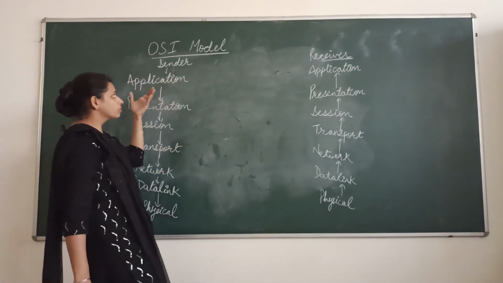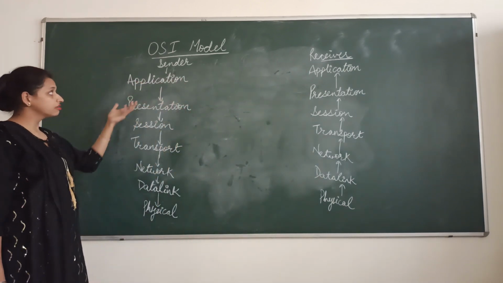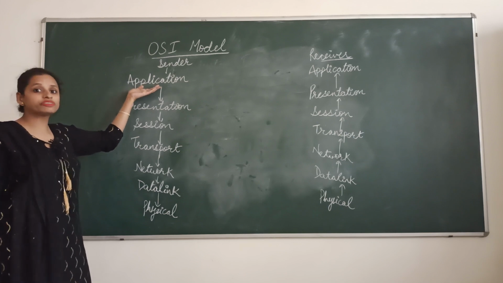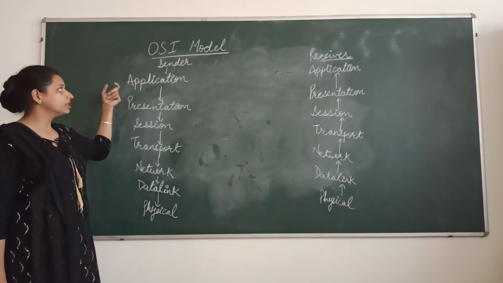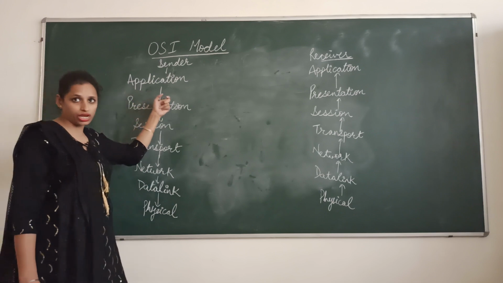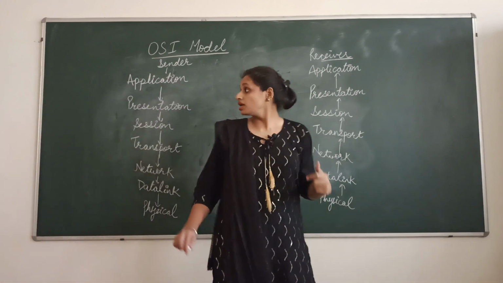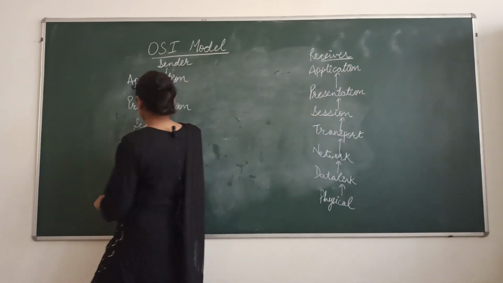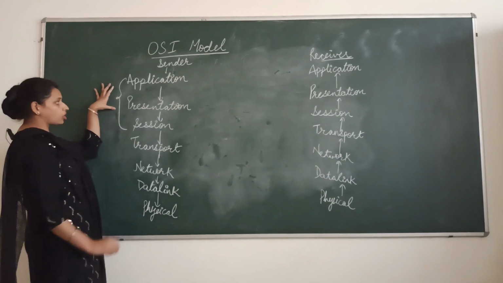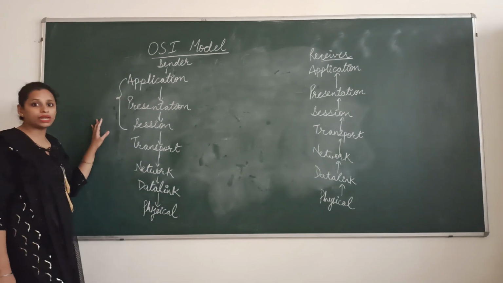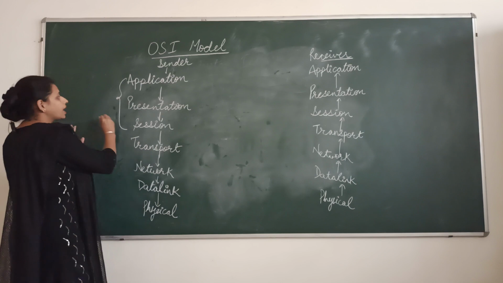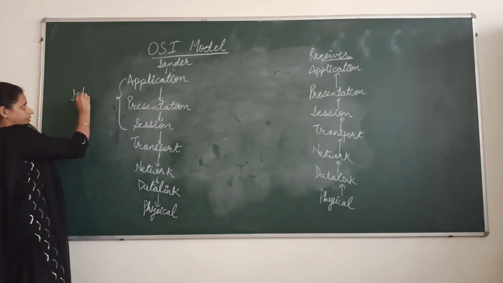So now, what are their functions? First is, in case of sending, transmitting data, the first layer is application layer. These top 3 layers, known as upper layers, these are known as software layers.